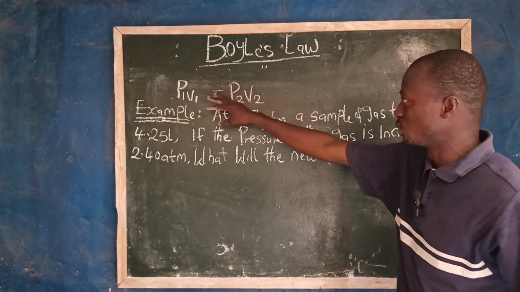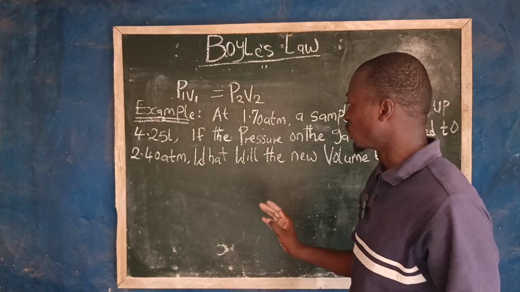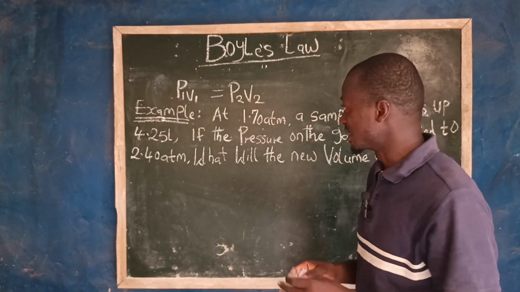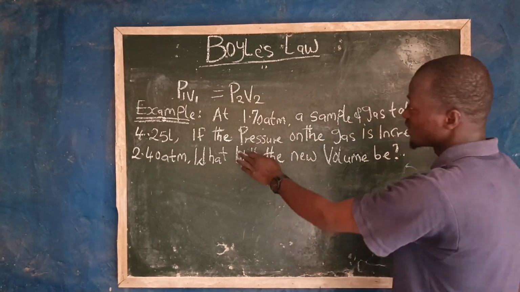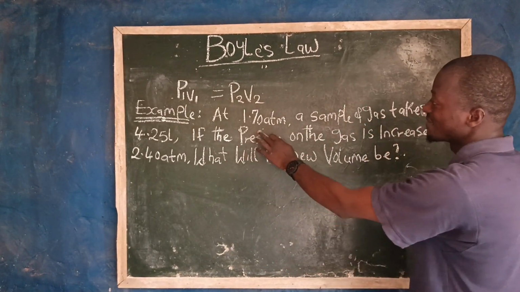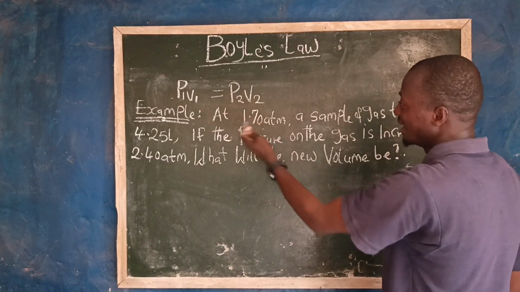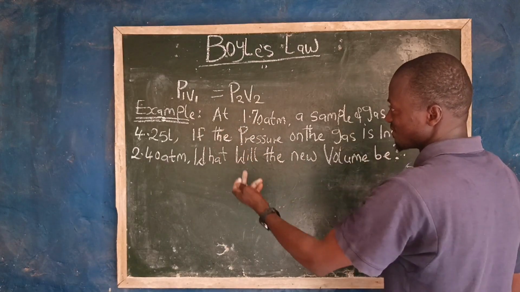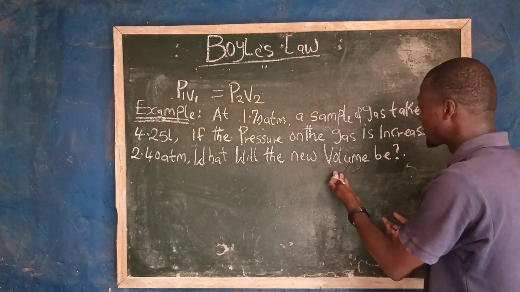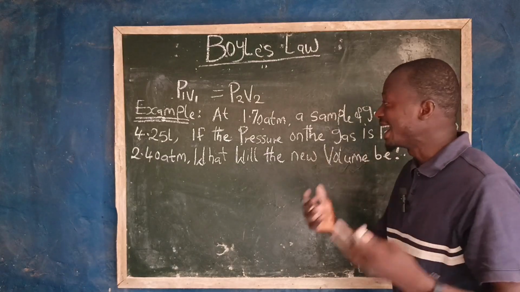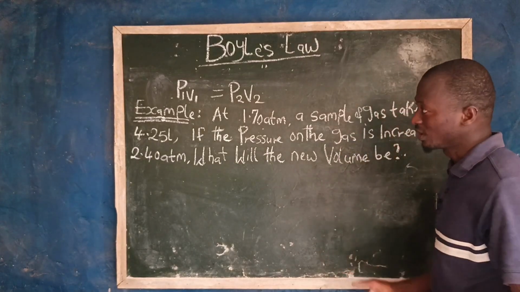Now, this is our formula, which is P1 V1 equals P2 V2. Now we are going to calculate it, so I'm going to show you how to find this problem. If you take a look at our example, we are given initial pressure and initial volume. We are given final pressure, and we are not given final volume. They say let us find the final volume. You understand?